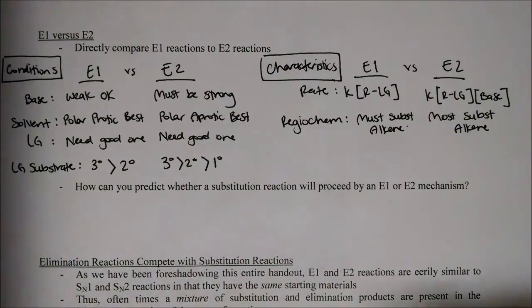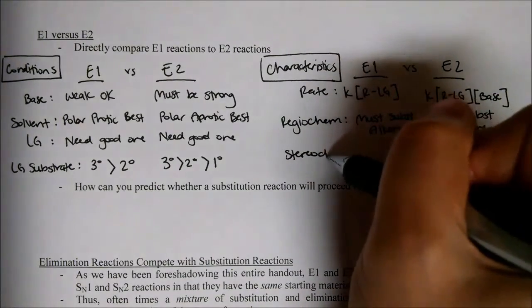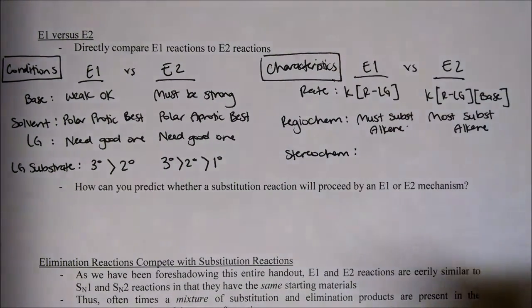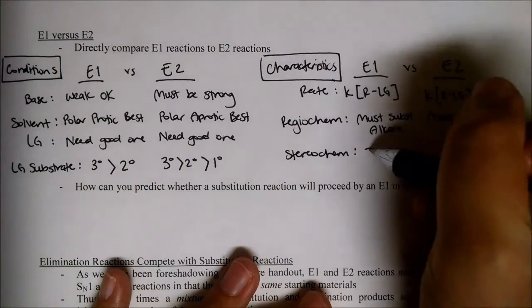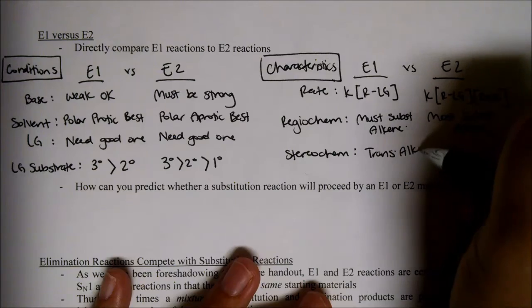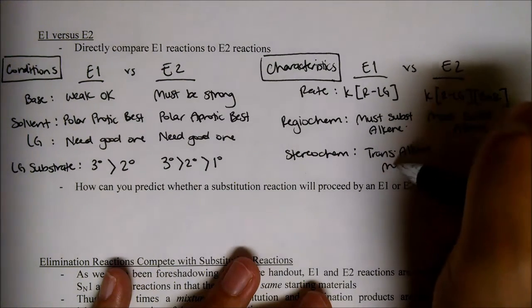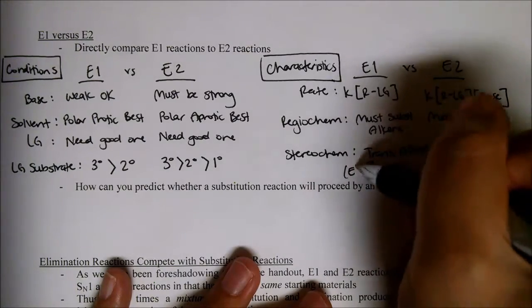And so where these then differ is the stereochemistry. Because E1 was stereoselective. It could choose, and it chose the trans alkene more often. Trans alkene major. Remember, this was the E alkene.